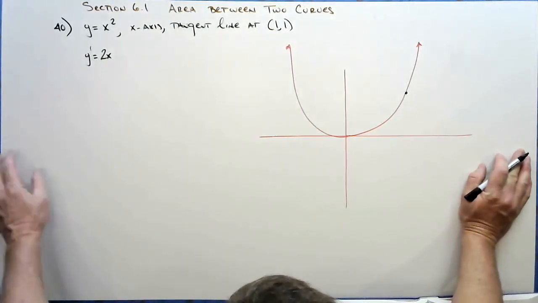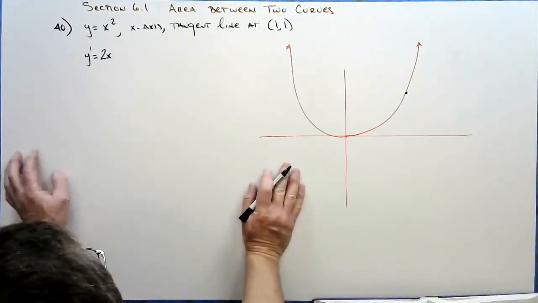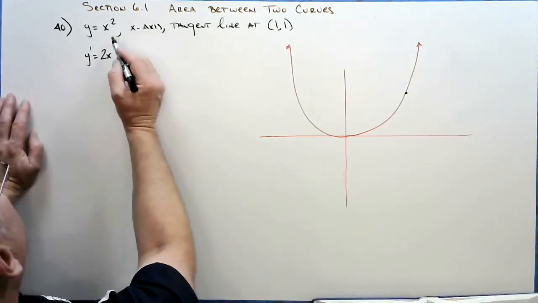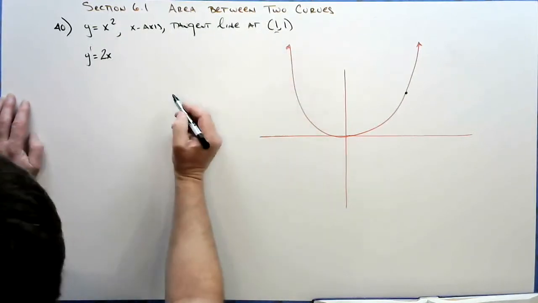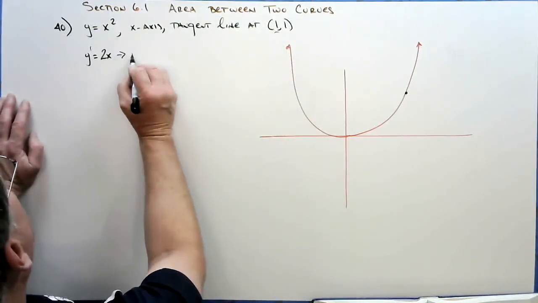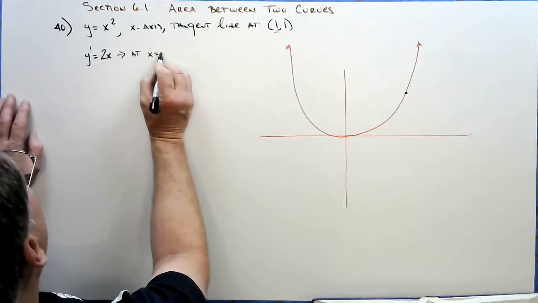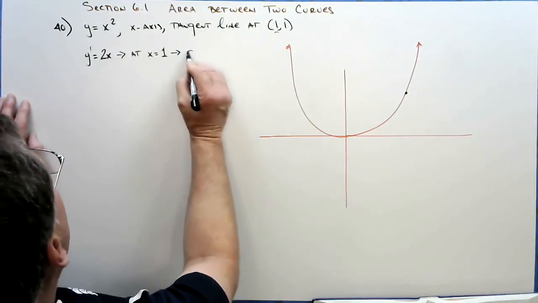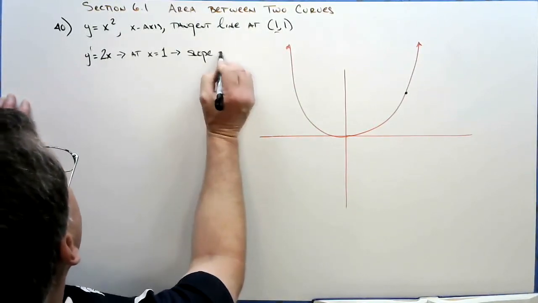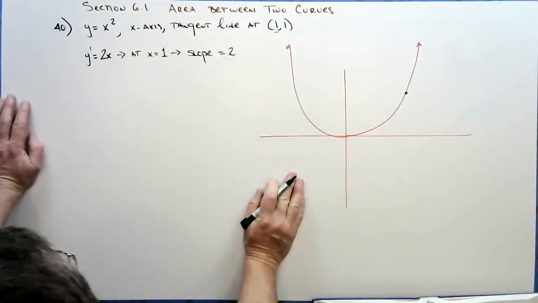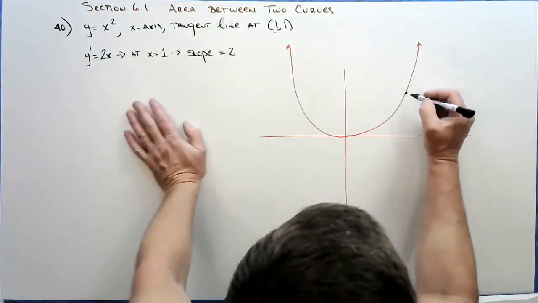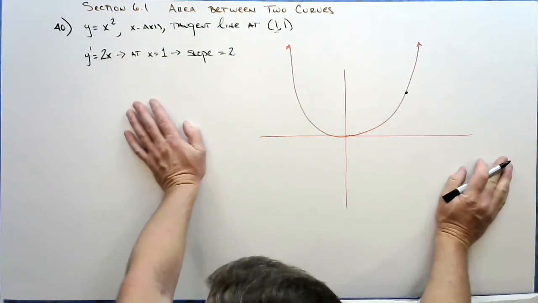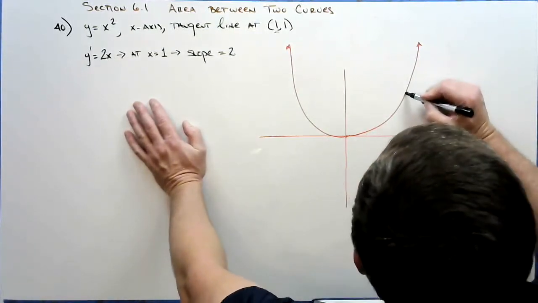So what's the equation of the tangent line? Well, at the point 1, 1, x is 1. So at x equals 1, that means our slope equals 2, all right? So we have a line that goes through this point and has a slope of 2.